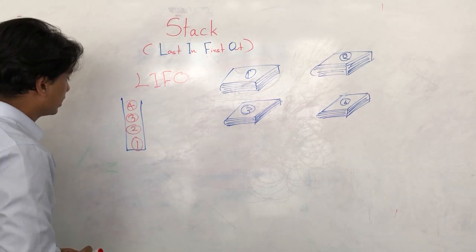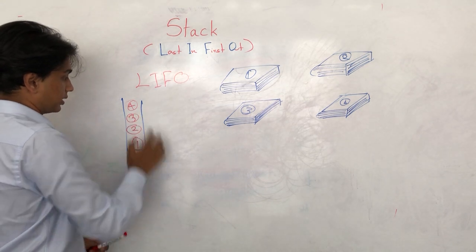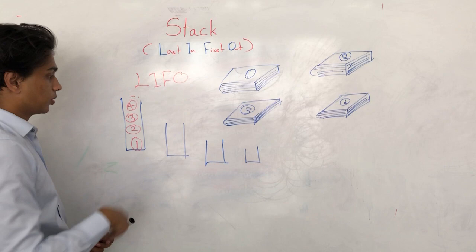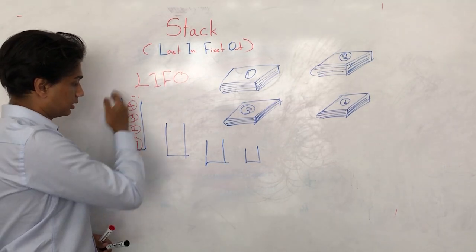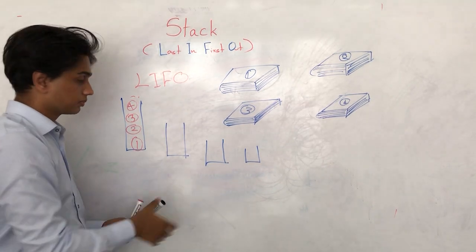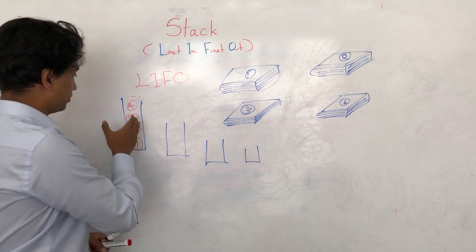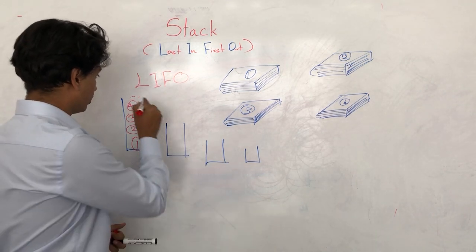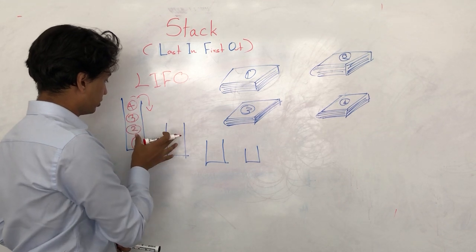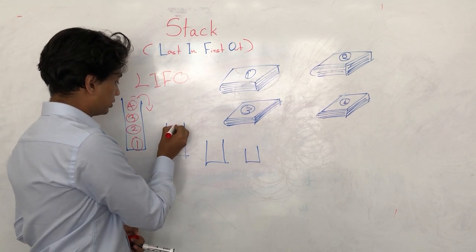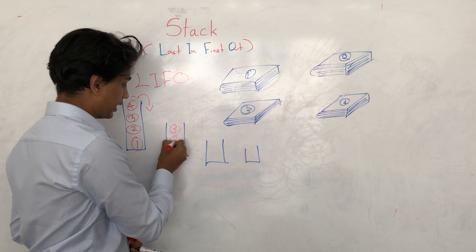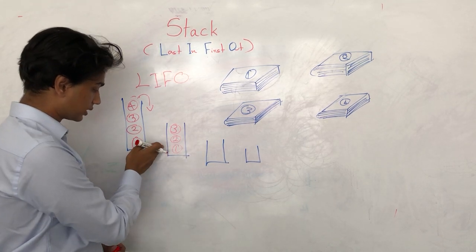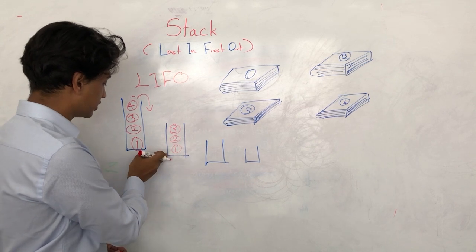For example, think of this as a bucket and we have placed 4 books here. In order to take these books out of the bucket, first we have to take the 4th book out. When we do that, we have a stack with 3 elements: the third book, the second book and the first book.